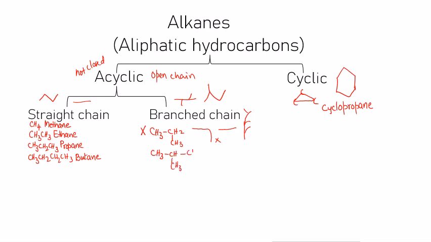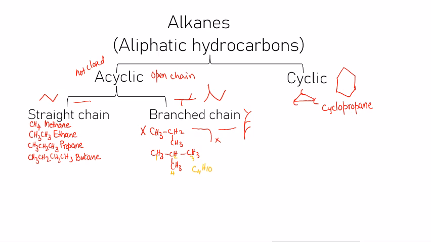So I need total 4 carbon. So I have how many carbon atoms here? 1, 2, 3 and 4 carbon atoms. And hydrogen atom, we have 3, 6, 9 and 10. So we have C4H10, that is still an alkane.